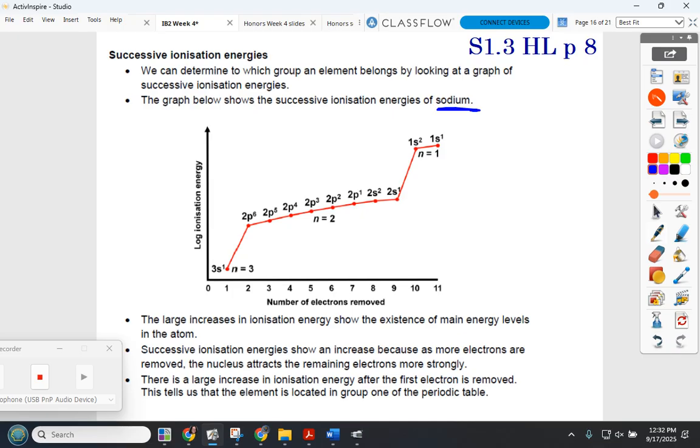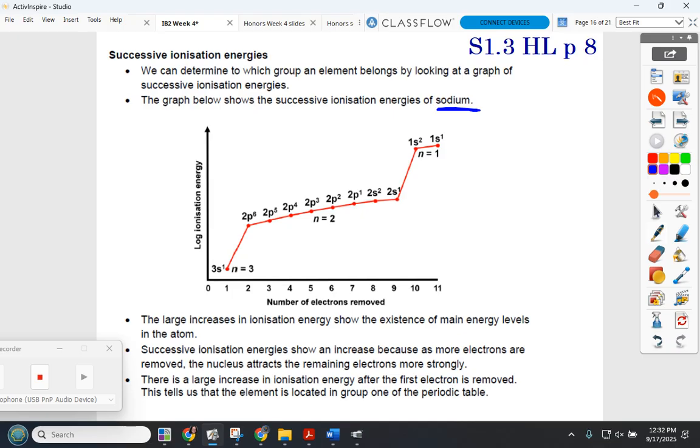So what we can see is that the large increases correspond to areas where an element would be stable, and then we take another electron away. So we can use this to figure out the electron configuration of an atom. You won't have these labels on there, but you can see that removing the first electron is easy.